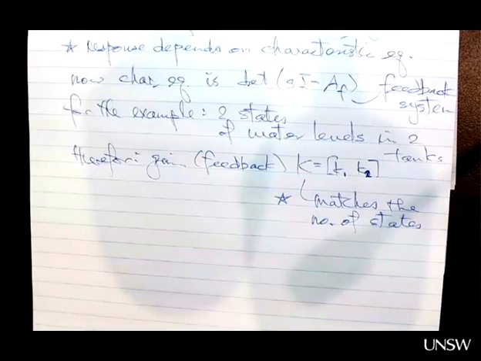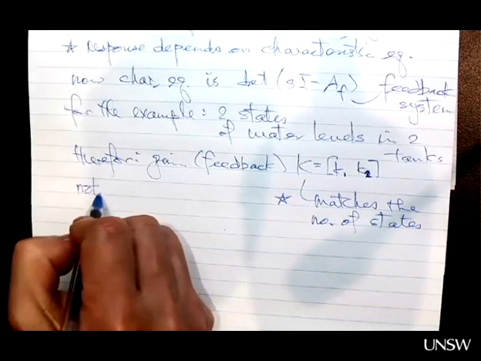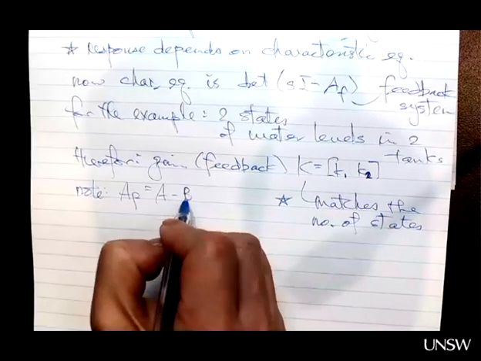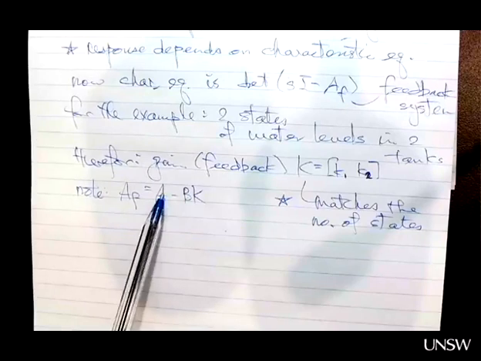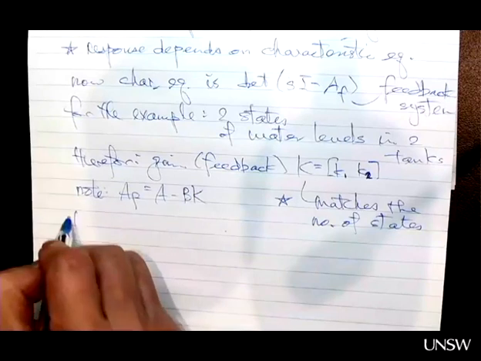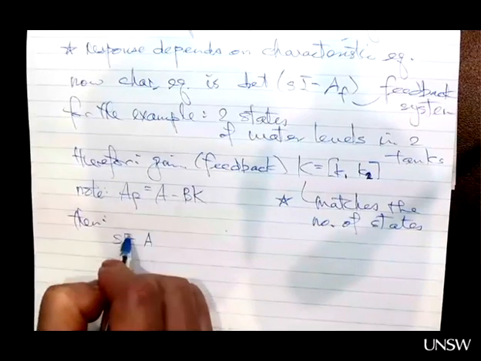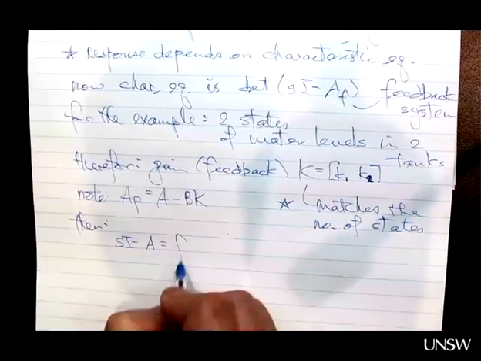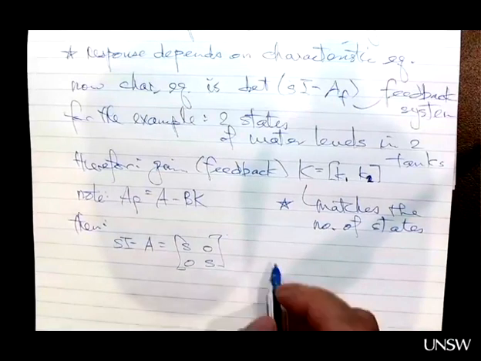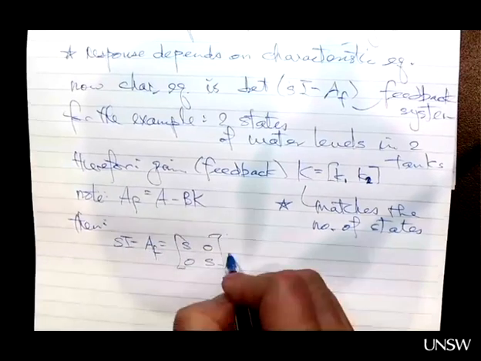And then also note that the feedback system matrix is A minus BK, the original system, and then we subtract the B and K. Then Si minus AF equals Si minus A minus B K. The AF is the feedback A matrix.